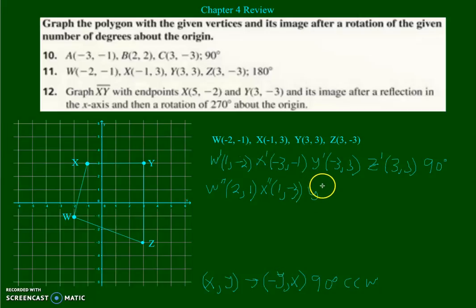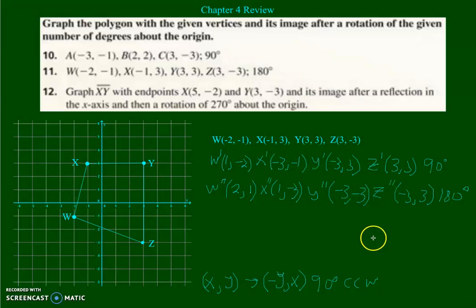Then Y double prime is -y, x, so it's -3, -3. Then Z double prime, -y, x, -3, 3. And that's 180 degrees.